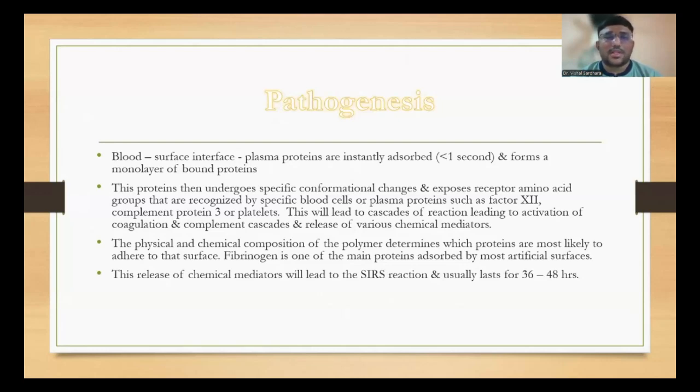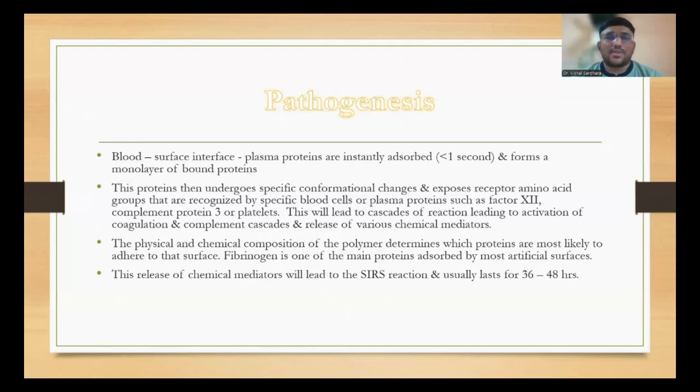This leads to a cascade of reactions leading to activation of coagulation and complement cascades and release of various chemical mediators. The physical and chemical composition of the polymer used in the circuit will determine which proteins are most likely to adhere to that surface.